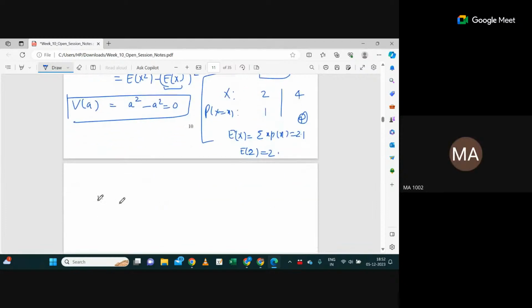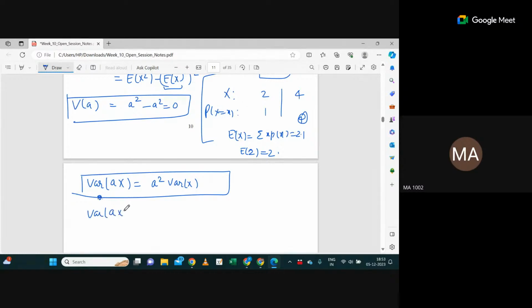Okay. Now, what about the variance of a constant times a random variable? That is coming out to be the square of that constant times the variance. How are we getting it? Let's prove this one. The variance of ax is the expected value of a square x square minus the expected value of ax whole square, right?